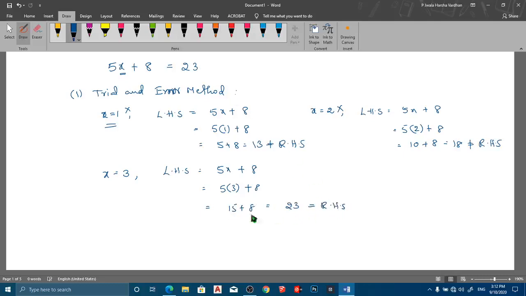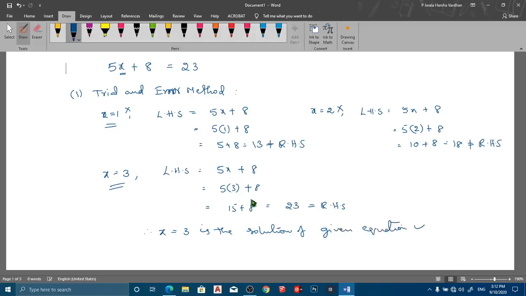Now we can conclude that x is equal to 3 is the solution of the given equation 5x plus 8 is equal to 23. You can write this in the form: therefore x is equal to 3 is the solution of the given equation. Like that you can conclude.